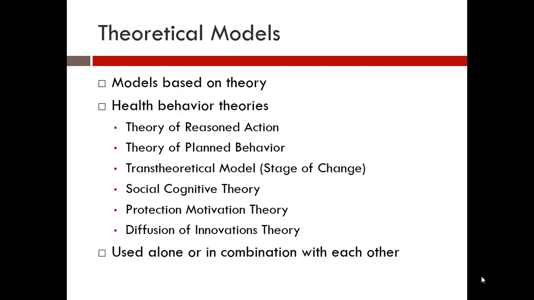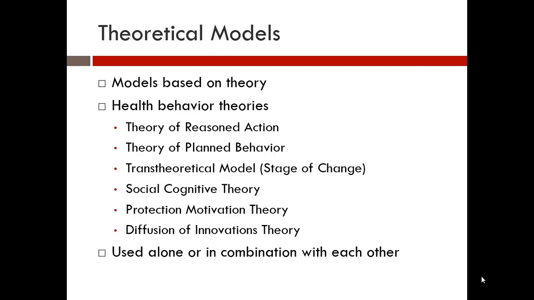So realize that when we talk about theoretical models, we're talking about models based on theory. And in health, we're looking at health behavior theories. All of these you should know because you've taken in other graduate classes already. But again, we're looking at theories such as the theory of reasoned action, theory of planned behavior, the trans-theoretical model, also called the stages of change model.